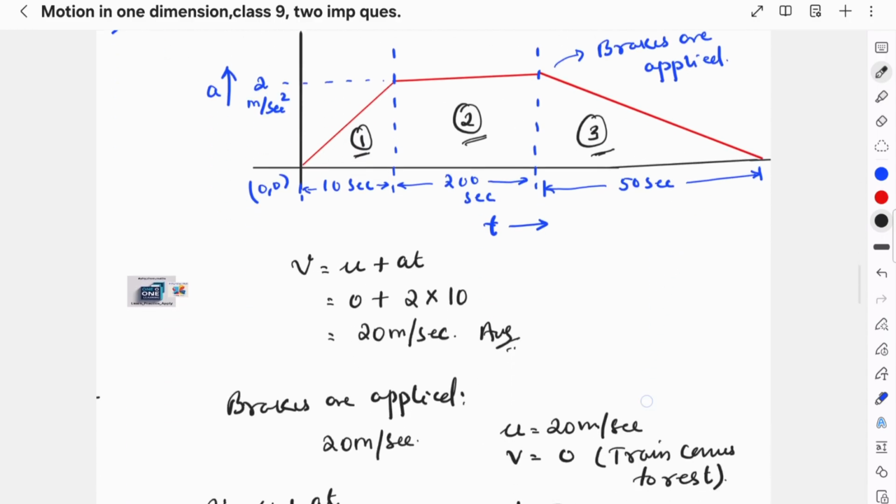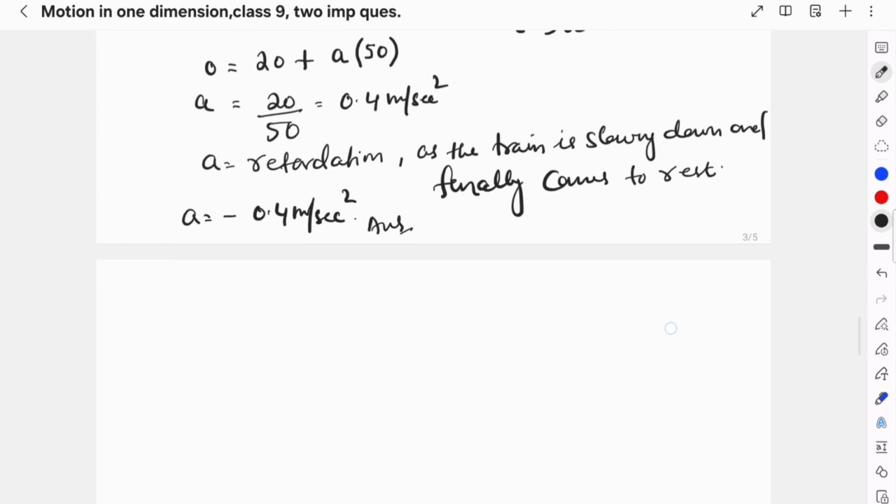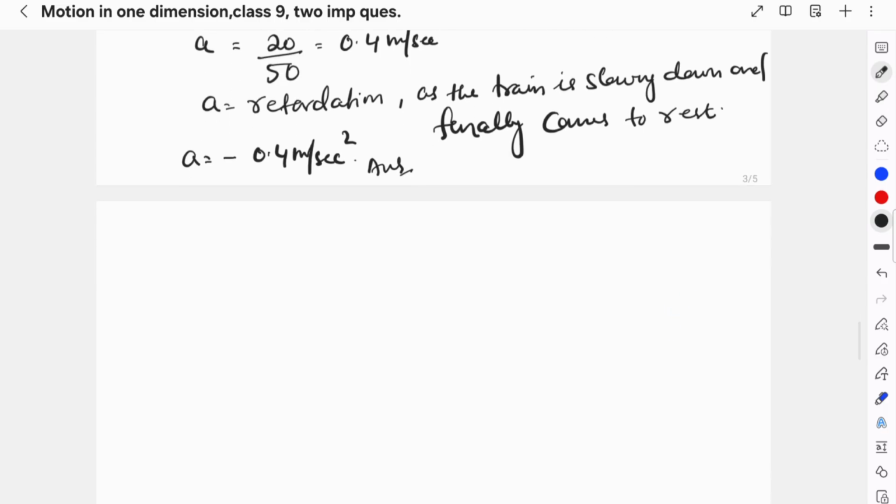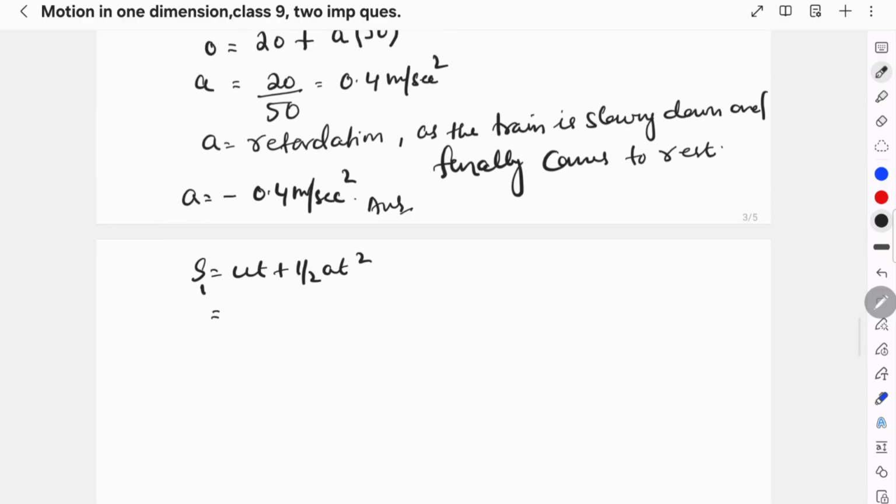So let's apply S is equal to ut plus half at square for part 1. Let this be S1. The train started from rest, so the initial velocity will be 0.